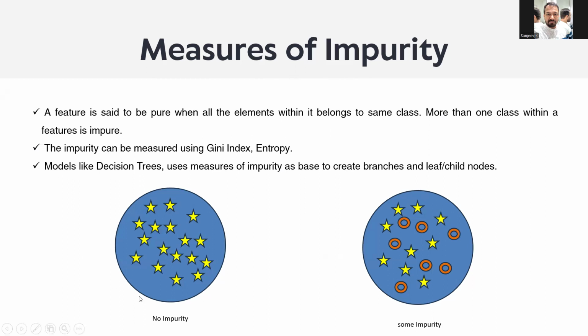If I have all the records belonging to a single class, then there is no impurity at all, so I should get some way to calculate that the impurity in this case is 0. On the other hand, if we have a couple of stars and a couple of circles, we should have a non-zero value. So we have two things, as I told, Gini index and entropy, which just calculate how impure the data set is.